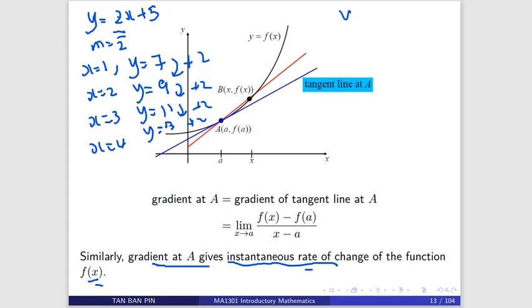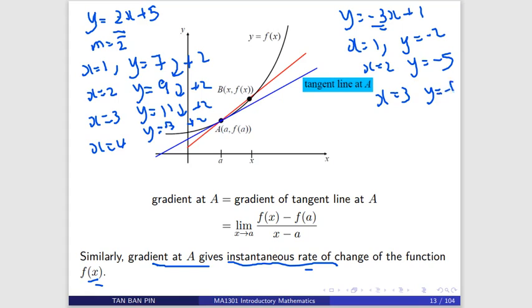Then if I give you y equals minus 3x plus 1, this time the gradient is minus 3. If you put x as 1, y will be minus 2. You put x as 2, y will be minus 5. Put x as 3, y will be minus 8.